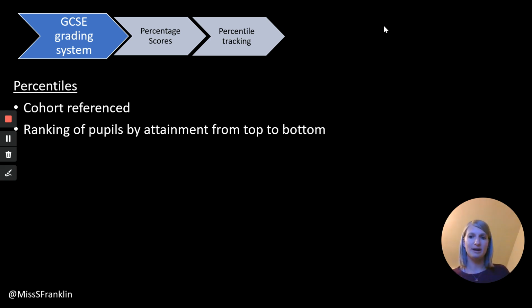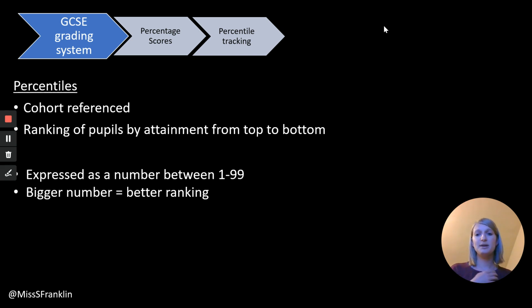And this is cohort referenced, where pupils are ranked by their attainment from top to bottom. So when they do any kind of assessment, you'll take the top performing pupil by score percentage and then rank from top to bottom. This is expressed as a number between 1 and 99. That's the percentiles. And basically, the bigger the number, the better the rank, the better they did.